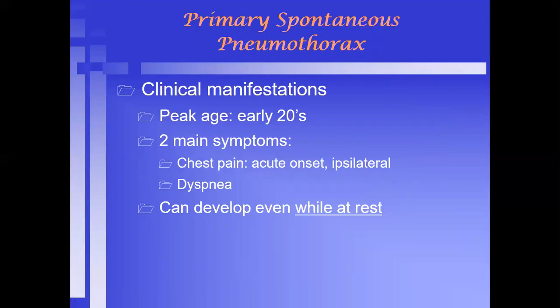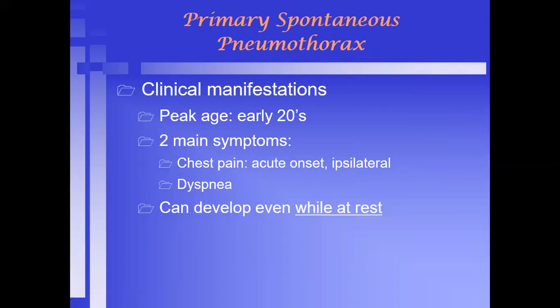So manifestations, this can occur usually in patients in their 20s, with main symptoms being chest pain, which is sudden or acute in onset, and ipsilateral or on the side of your pneumothorax. And your patient will also develop dyspnea, similar to the finding in your pleural effusion.